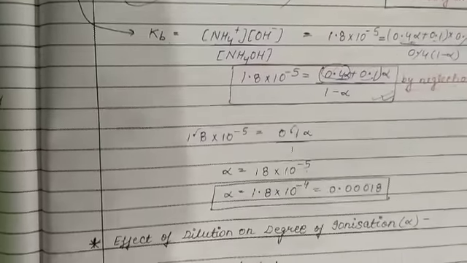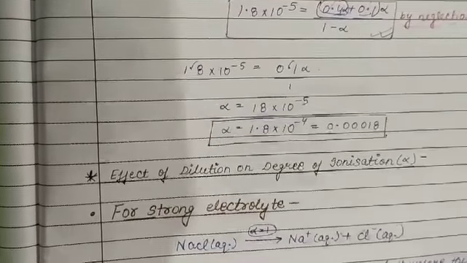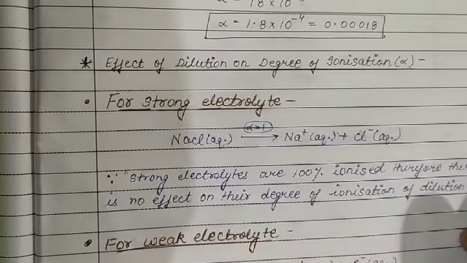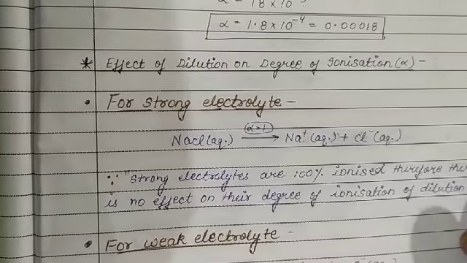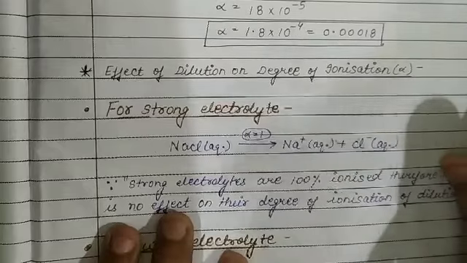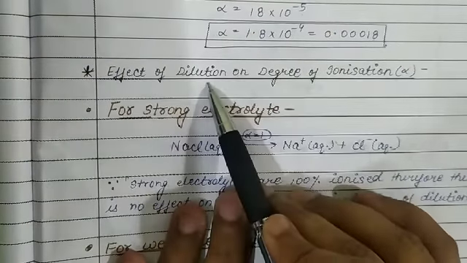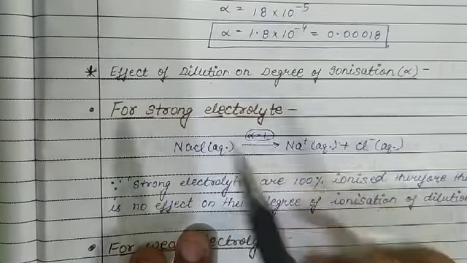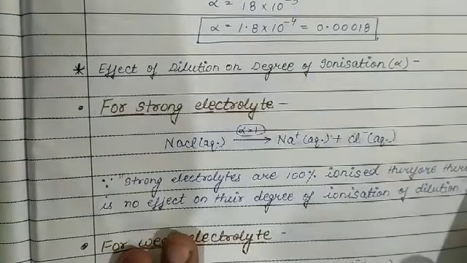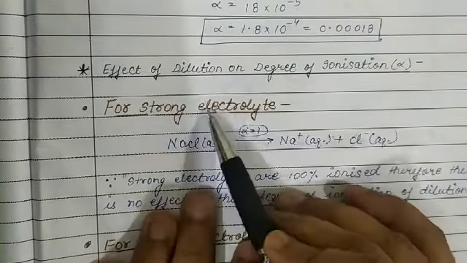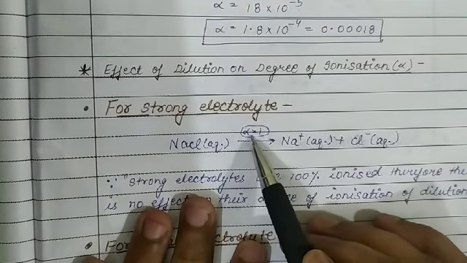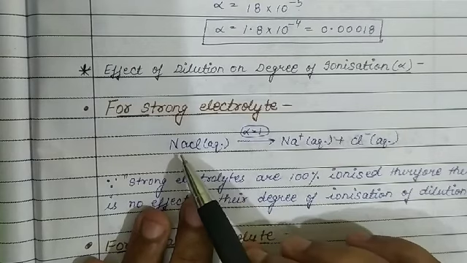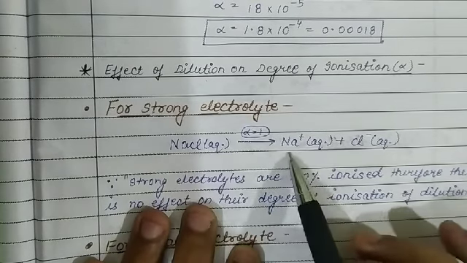Now we will see the effect of dilution on degree of ionization. The next topic is degree of ionization affected by dilution. First we will see strong electrolytes. For strong electrolytes, the degree of dissociation is 100%, alpha is equal to 1. The strong electrolyte NaCl breaks into Na+ and Cl-.